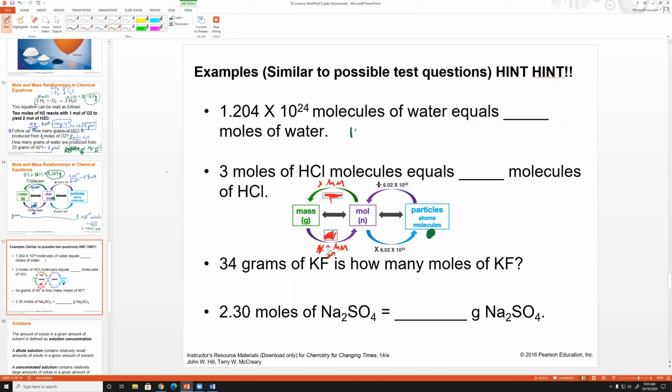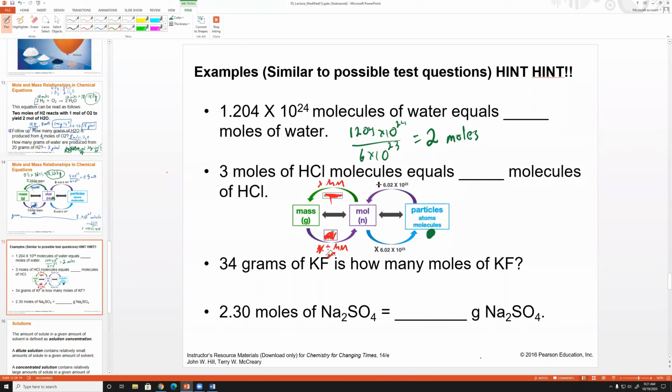So 1.204 times 10 to the 24 divided by 6 times 10 to the 23rd. What did you approximately get? I got 2.0. Good. Should be just 2. Yeah, around 2 moles. Good.